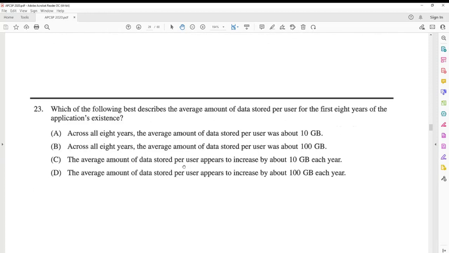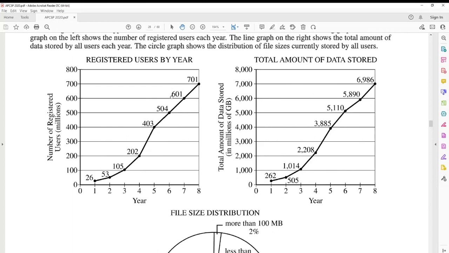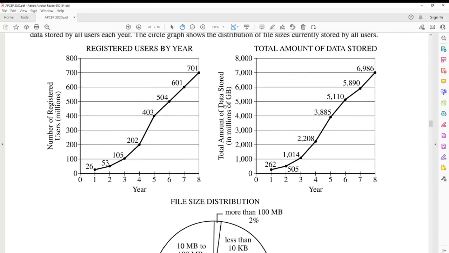Okay. Number 23, which of the following best describes the average amount of data stored per user for the first 8 years? Okay, it's 10 times. So let's look at the ratio. Here it is in millions of gigabytes, versus this one in millions of users.